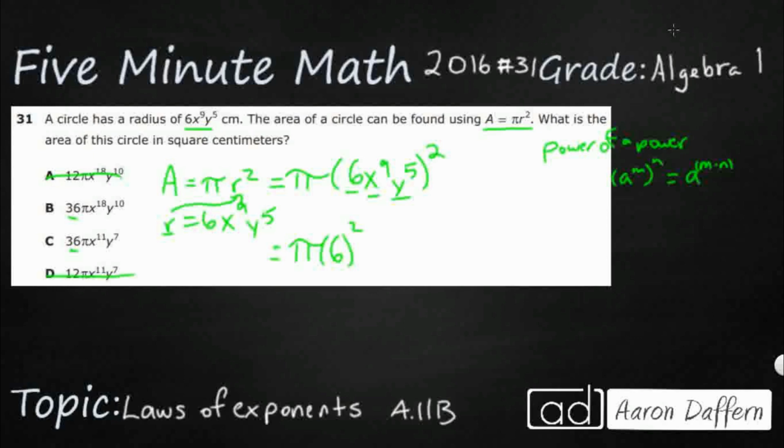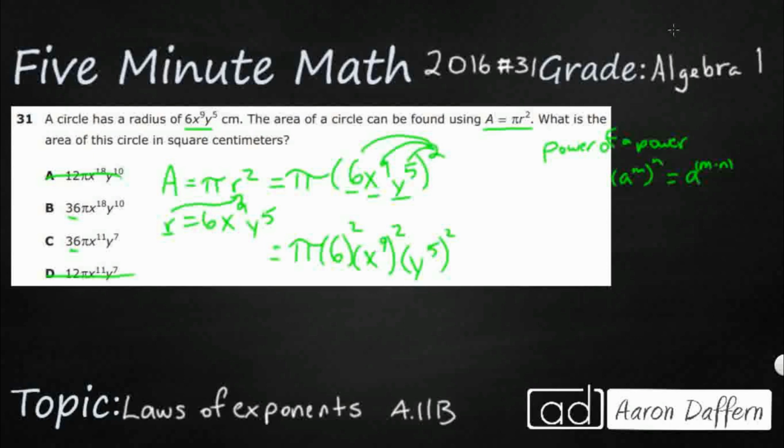But that's helpful because that immediately gets rid of 2 incorrect answers here. Now, I'm going to take my x to the 9th, then I'm going to square that. Then I'm going to take my y to the 5th, and I'm going to square that. What I did is I just factored this squared into each of these 3 terms. You can only deal with different bases on an individual basis, right?